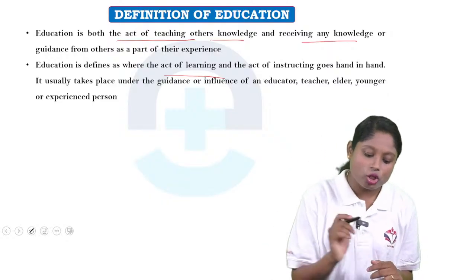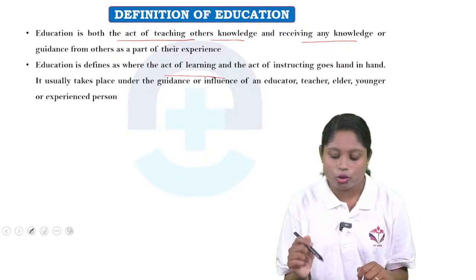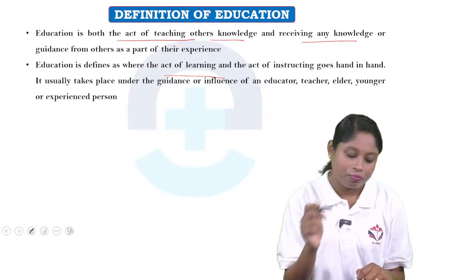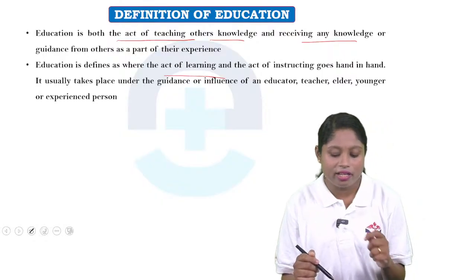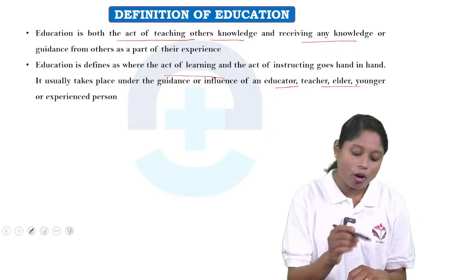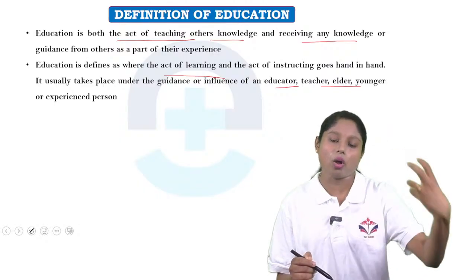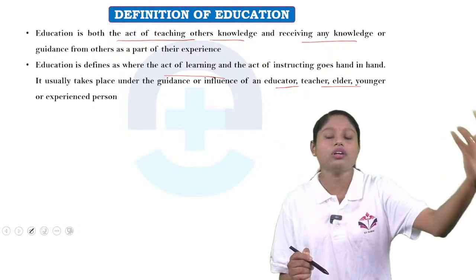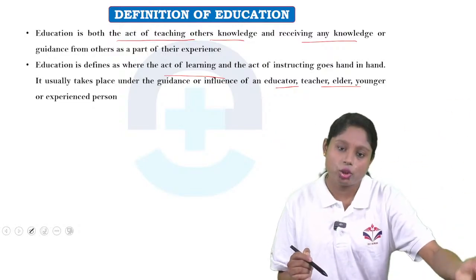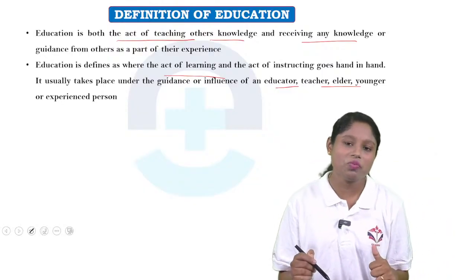It usually takes place under the guidance or influence of an educator, teacher, elder, younger or experienced person. Like in a college, your teacher is giving you knowledge. That is education. So the definition of education is clear.